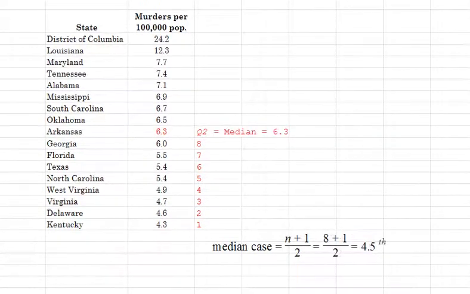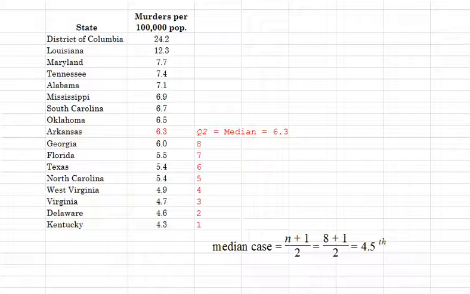To find the first quartile, or the median of the cases below the median, which in this situation there are 8 cases, we again use the formula for the median case, but this time there are just 8 cases in this lower portion of our data. So 8 plus 1 divided by 2 will give us the 4.5th case. So we count up 4, and we notice that there is no 4.5th case.